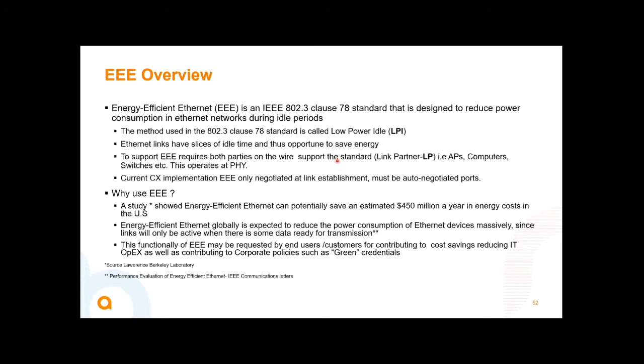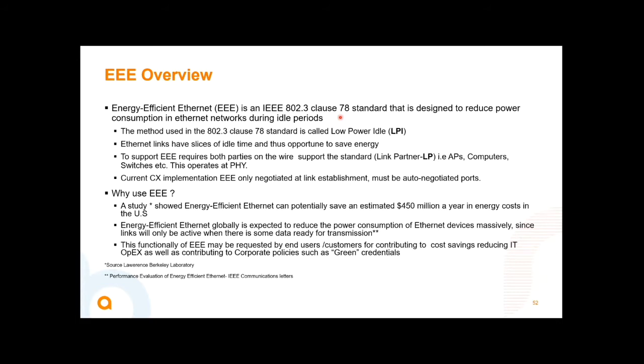So there's an IEEE standard 802.3 that we support, clause 78. Now you will actually see it may be referred to as 802.3az, but that's fine. We should be compatible with all of that.